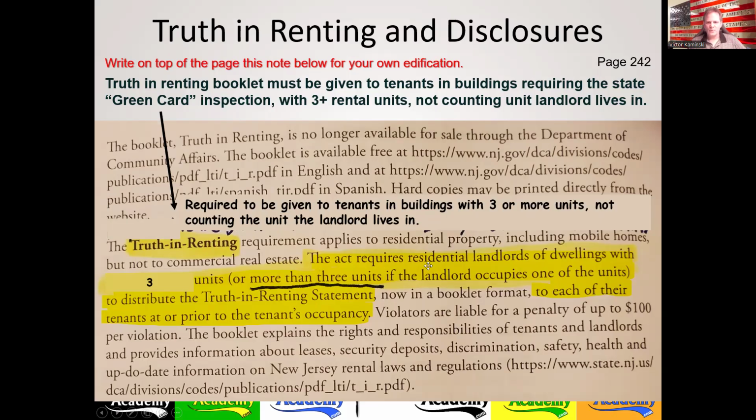Okay. So the act requires residential landlords of dwellings with whatever it says there in the book. It says a little backwards. So that's page 242? It says more than 2 units. Well, what is more than 2 units? 3. So why didn't they just write that? So I just whited it out and I wrote 3 units, or more than 3 units if the landlord occupies one of the units. Okay. To distribute the Truth in Renting statement to each of their tenants at or prior to the tenant's occupancy.